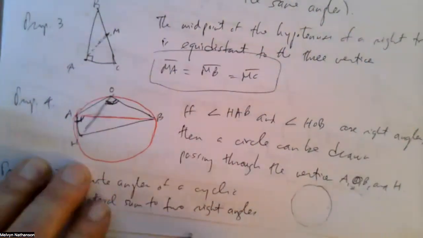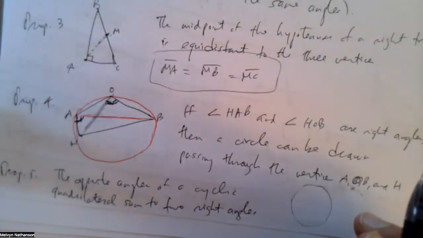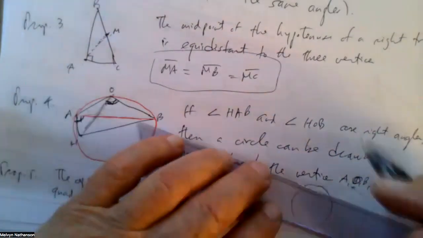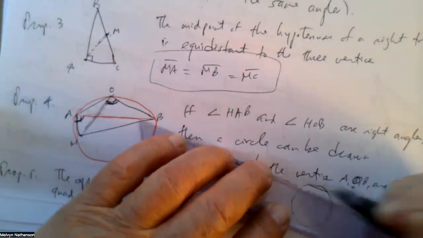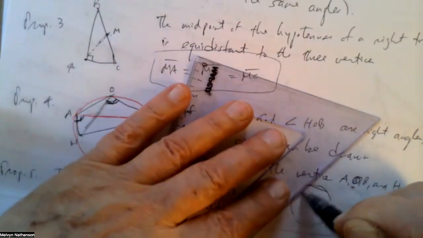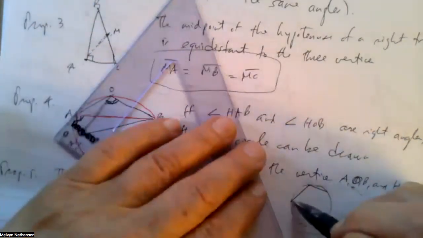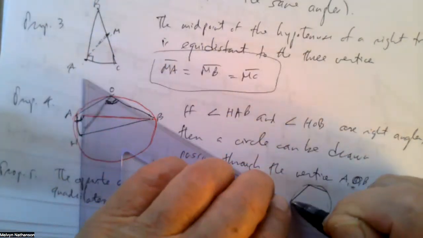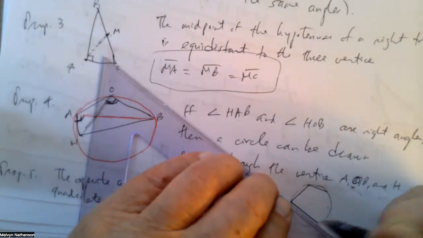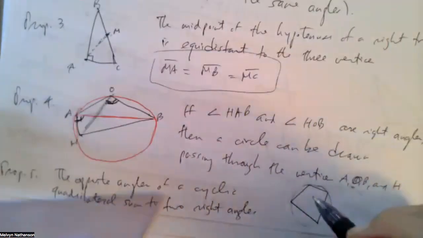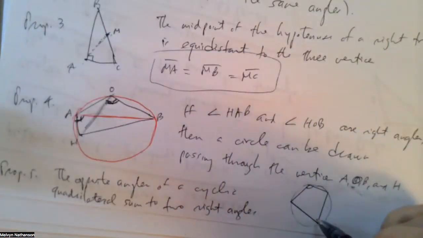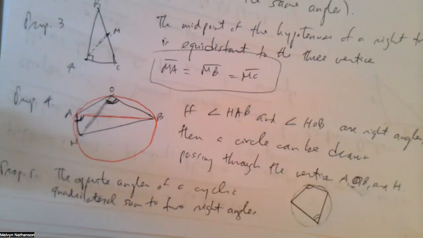So a cyclic quadrilateral is a quadrilateral that can be inscribed in a circle. If you take a pair of opposite angles, that adds up to two right angles.